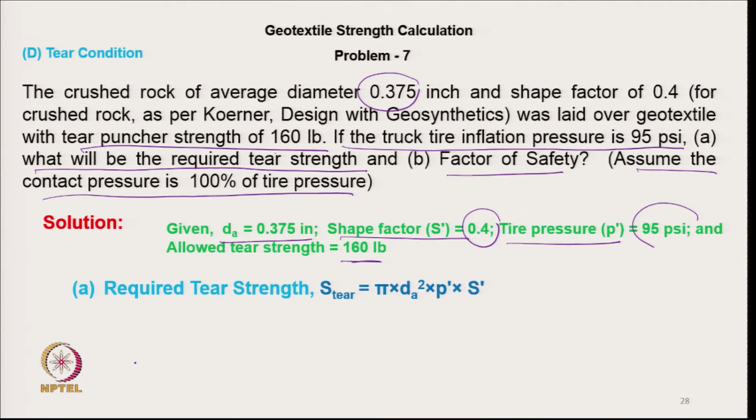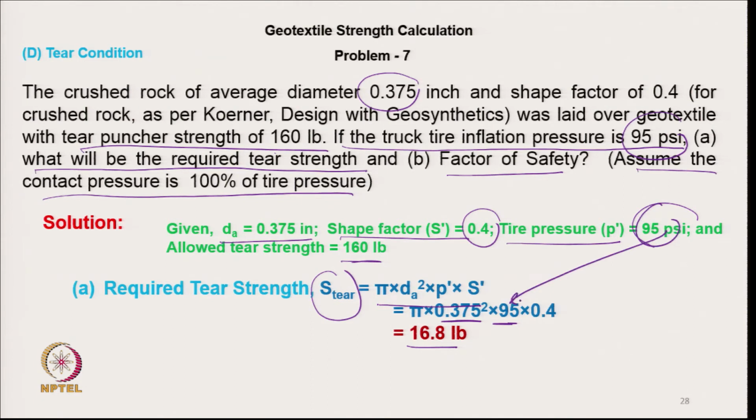The required tear strength, which is nothing but the puncture strength, is equal to 16.8 pound. So pi multiplied by 0.375, the diameter of stone, and 95, the tire inflation pressure in psi, the shape factor directly as given, and the diameter 0.375. From there we get 16.8 pound.